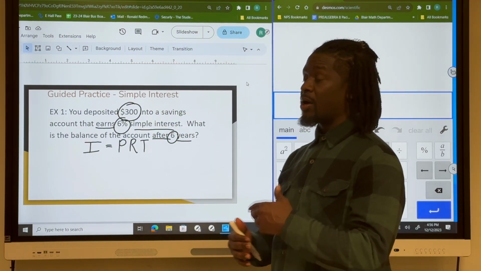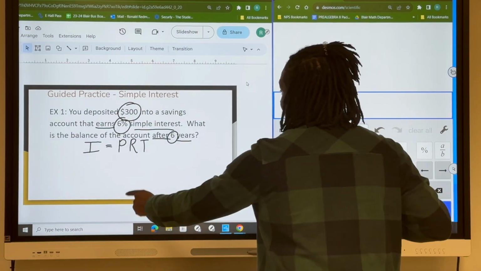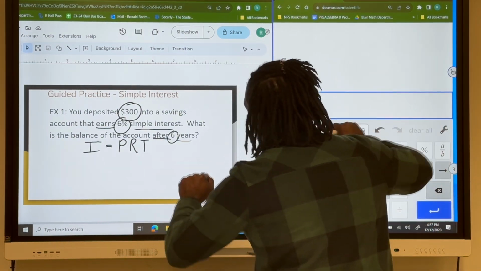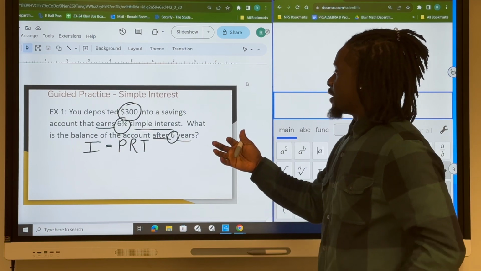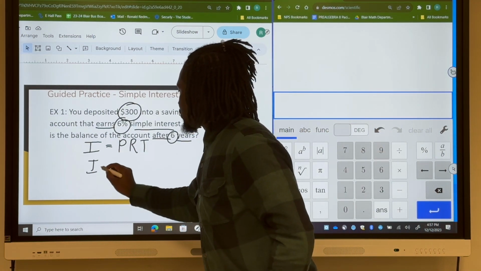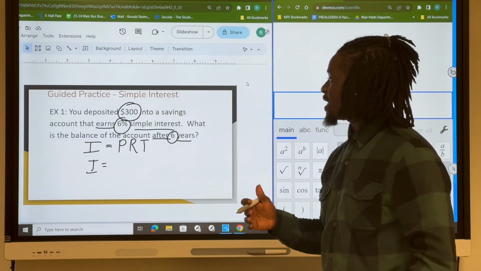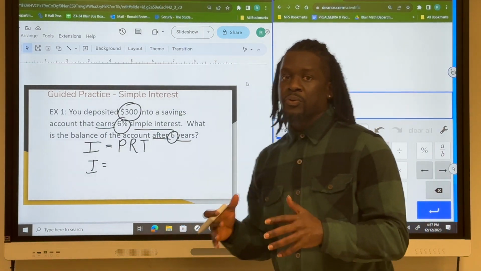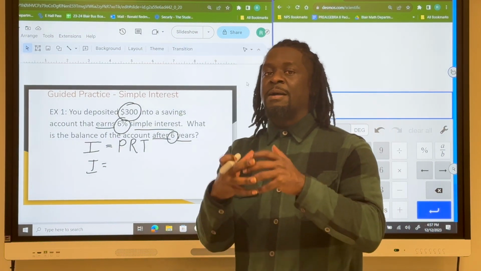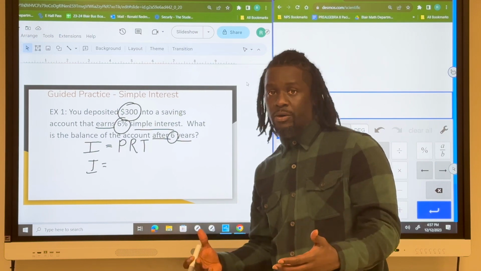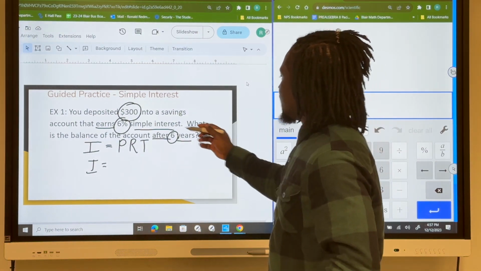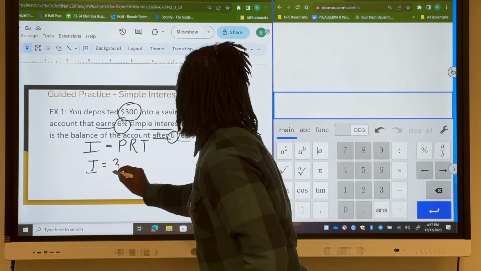I like to party. The I is the interest. The P, as I said, is the principal. The principal is the amount of money that you are putting into the account, so in this case it is the 300.